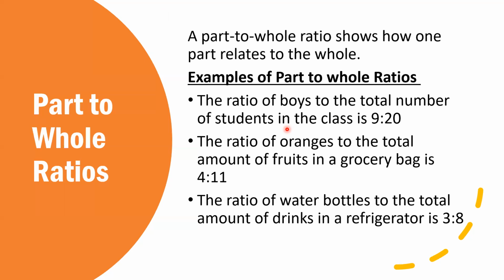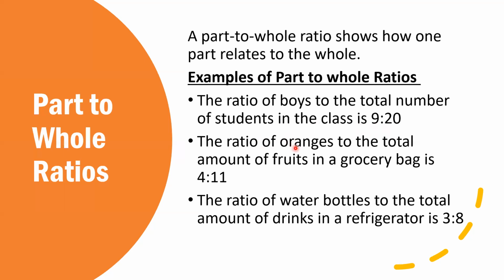Lavar Brown, can you read this, please? Part to whole. A part to whole ratio shows how a part is to the whole. Read the examples. Examples of part to whole ratios. The ratio of boys to the total number of students in the class, 9:20.